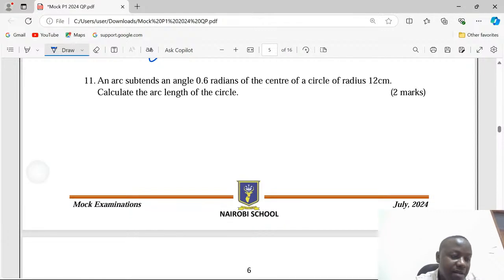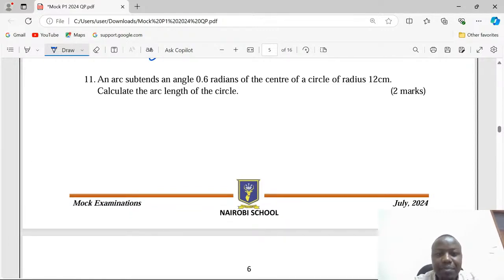In number 11, an arc subtends an angle of 0.6 radians at the center of a circle of radius 12 centimeters. Calculate the arc length of the circle. What we're supposed to know is that the definition of a radian is the angle subtended at the center of a circle by an arc length which is equal to the radius of the circle.